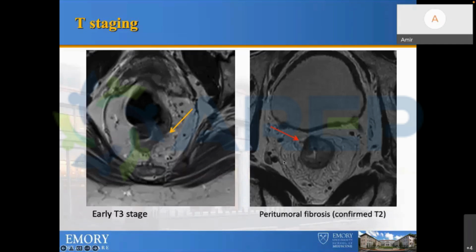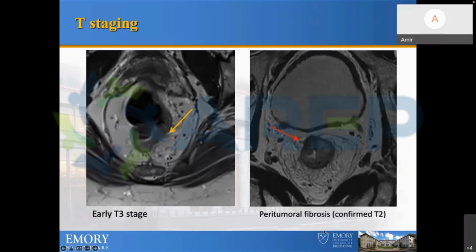This is a little bit dark, so hopefully you can see it well. Wherever there's a tumor, there is some fibrotic reaction, some perirectal or peritumoral fibrosis. Peritumoral fibrosis is usually dark, as opposed to the actual tumor cells that are T2 bright or T2 intermediate. We call this gray. And it looks a little bit nodular. So it's hard to differentiate peritumoral fibrosis from early T3 stage.